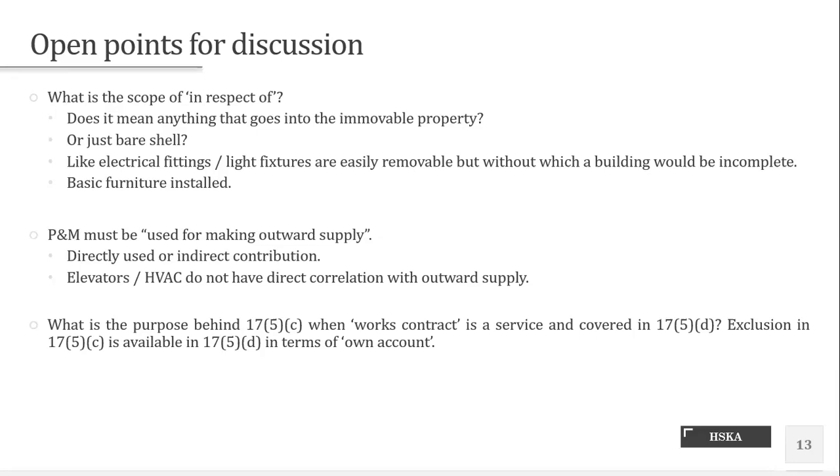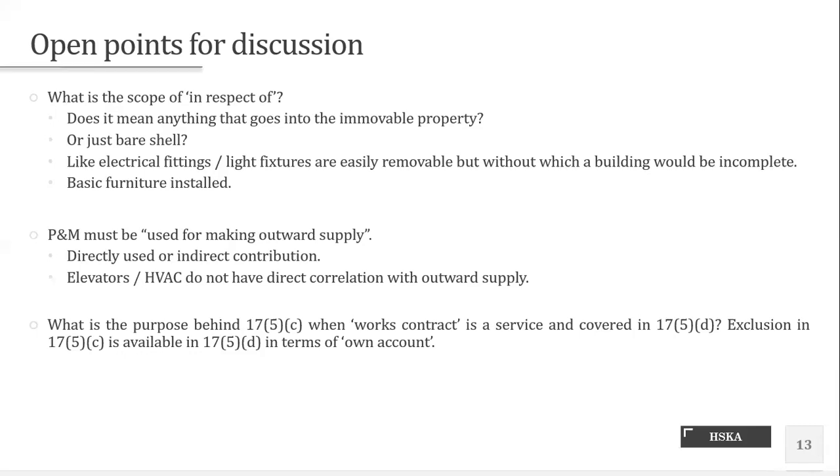Now the elevator and HVAC, I don't have any direct correlation with the outward supply, but it indirectly contributes from the lease rents that I earn, unless I have a separate element of fit out cost. So can we say that it is indirectly contributing to my outward supply, and therefore I'm eligible for HVAC?